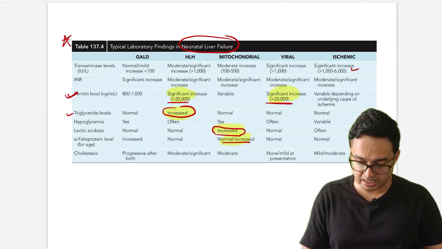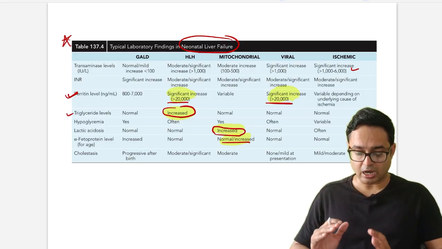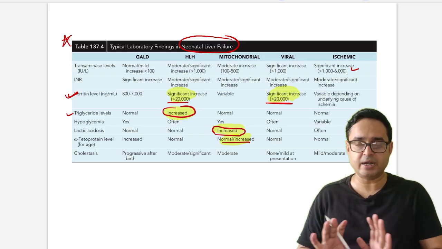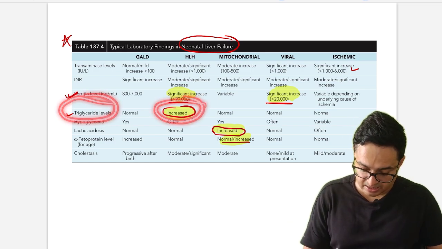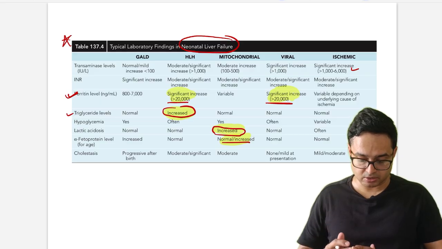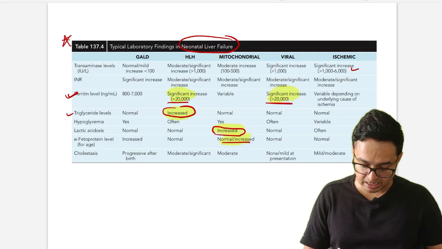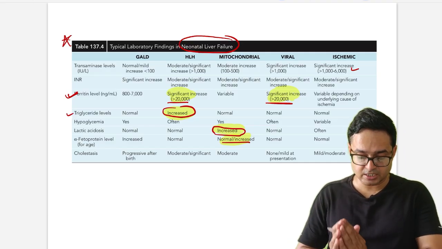Ferritin levels are high in two conditions: HLH and viral. So, how will you differentiate HLH and viral on the basis of ferritin level? No, you can't. But just see, triglyceride levels are increased in HLH. If you are suspecting mitochondrial disorders, you will see lactic acidosis and alpha fetoprotein levels are increased. Okay, that's how you can differentiate these things.